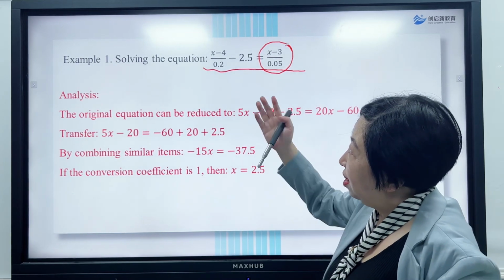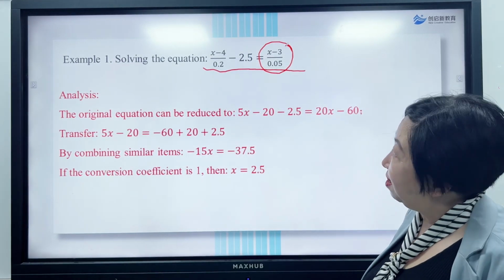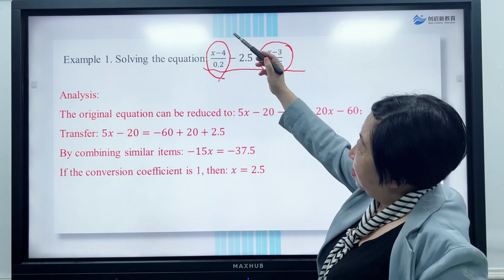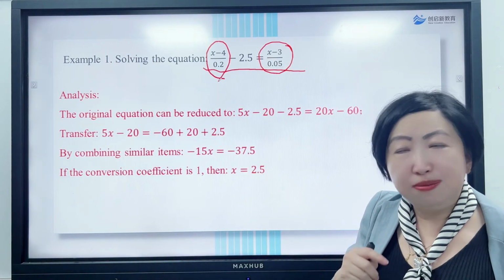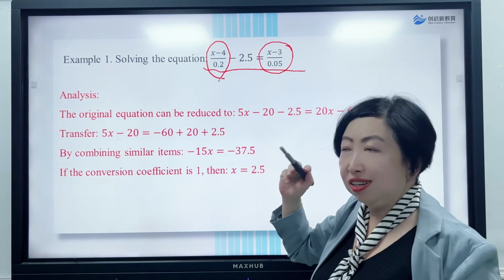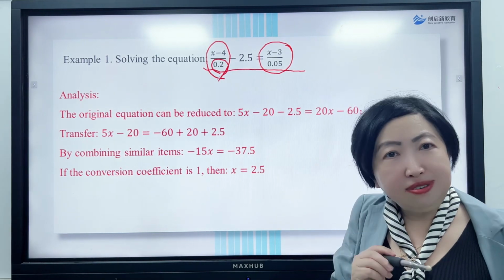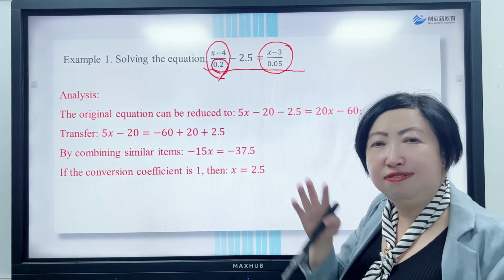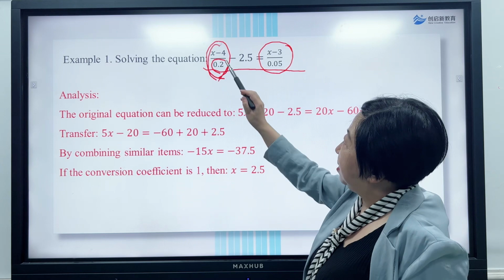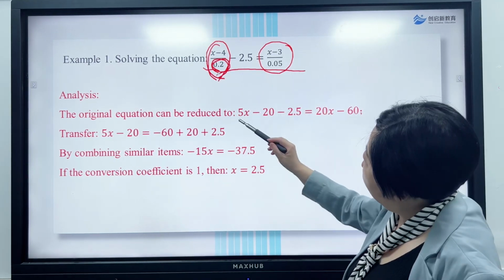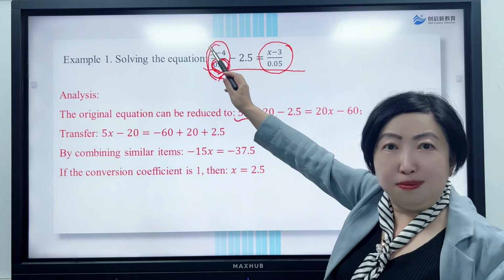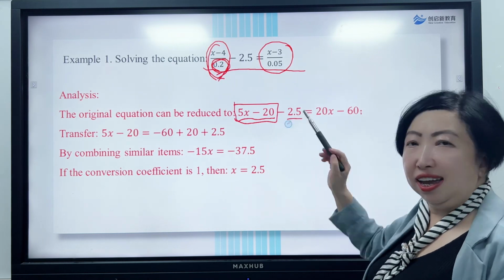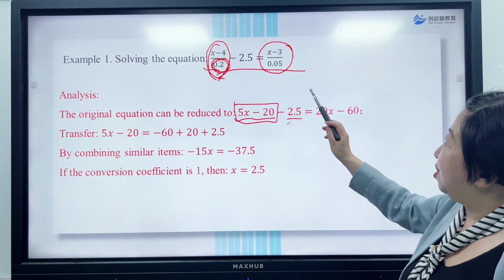What's the value of x? Here we multiply the numerator and denominator of the first fraction by 5. Here the denominator is 1 and the numerator is 5x minus 20, and the rest doesn't change.